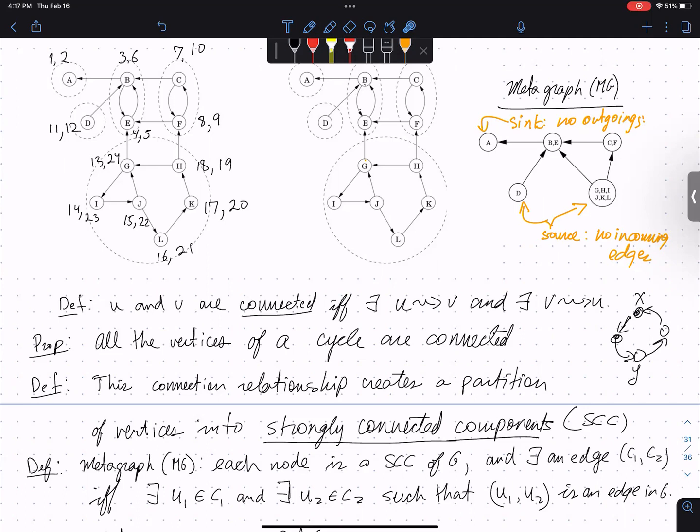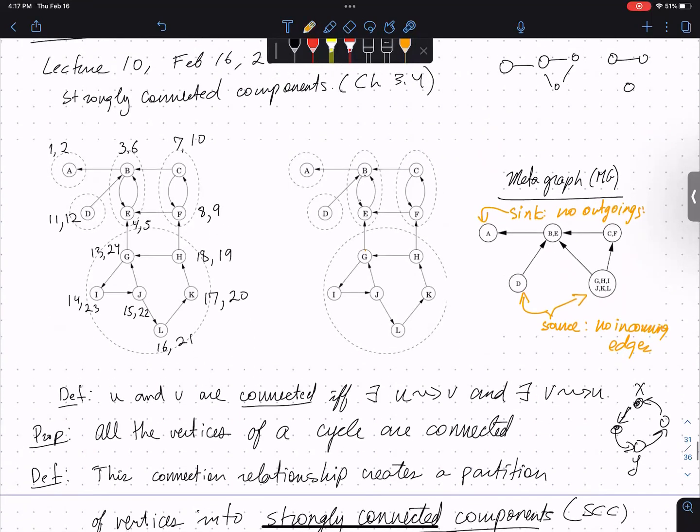So let's look at what we do in this algorithm.